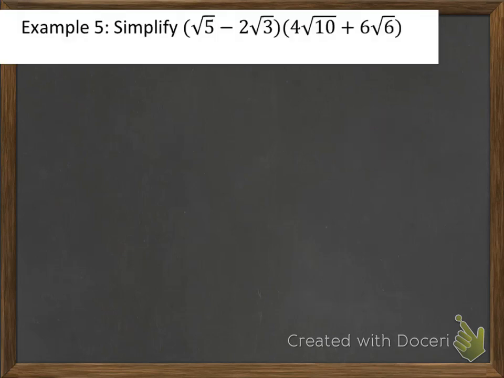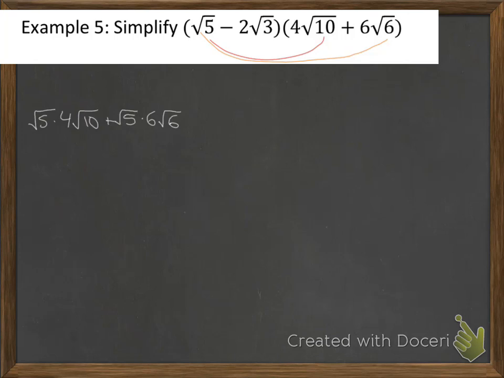Okay, let's look at example 5. So again, we are foiling, we are multiplying. So we have the square root of 5 times 4 square roots of 10, so that's our first term. Then we have our outer terms: square root of 5 times 6 square roots of 6.